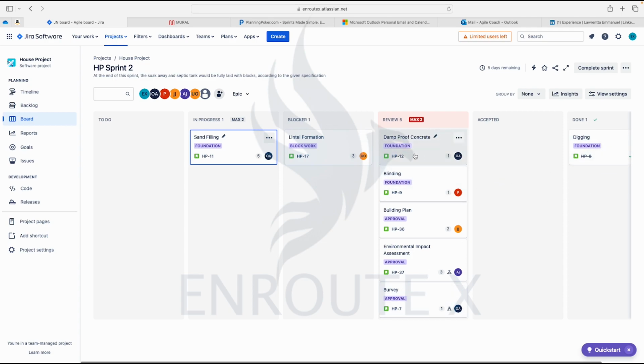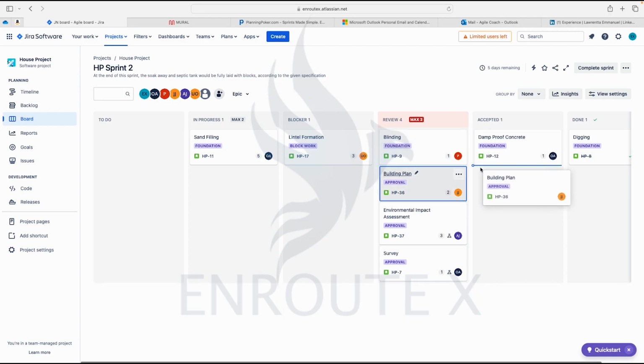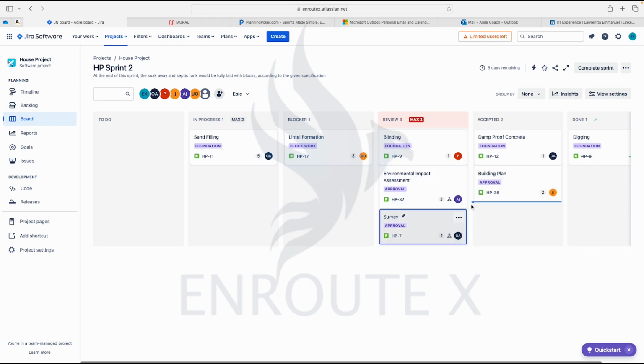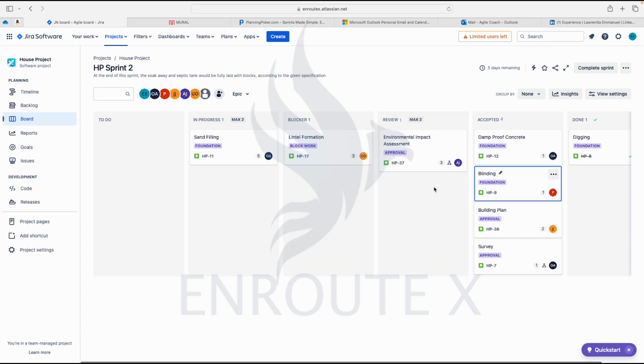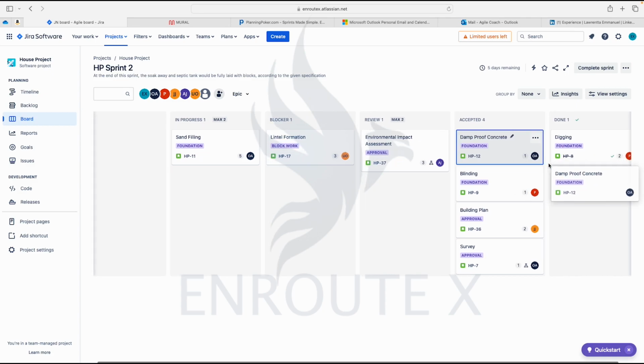It's either they are moved, the developers had completed his or her work, moved to a review, and also the tester, the QA, had also accomplished his or her own task. The product owner also should be working in that flow with the team, looking at what needs to be done, ensuring they are done properly, and moving them to done.